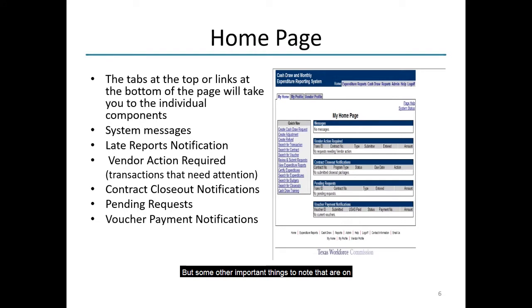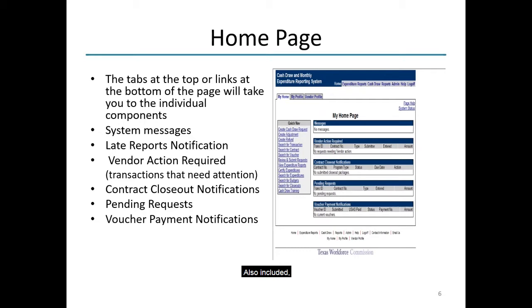But some other important things to note that are on this page are system messages, which is the top box on the home page. We may include a message if there's some scheduled system maintenance or some reason the system may be going down temporarily, or if there's other important things that you need to know about upcoming deadlines and things of that nature.